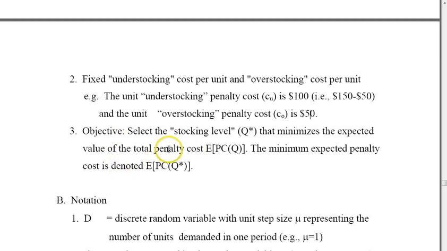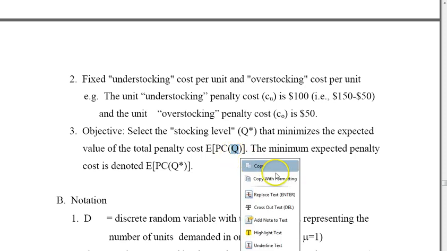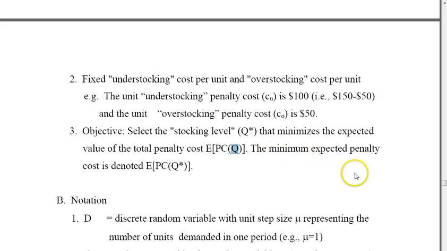Now the objective is we want to select a stocking level, call it Q star, that minimizes the expected value of the total penalty cost. Let's call it PC of Q, where Q is our decision variable on how many repair persons to hire permanently. And the minimum expected penalty cost is going to be the expected value of PC of Q star.